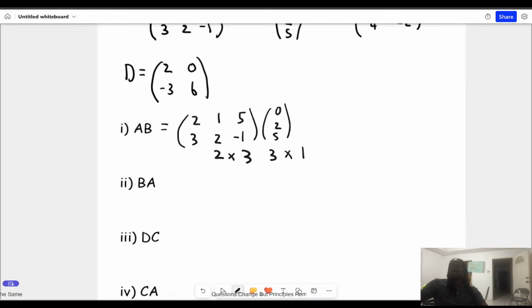Alright. Can I multiply these together? Somebody tell me, can we multiply these together and why? Yes, we can, because the two inner numbers are the same.